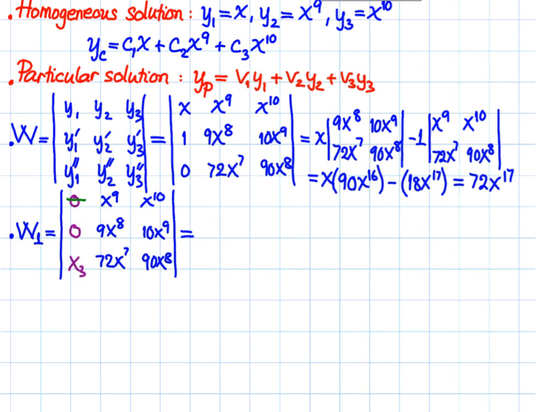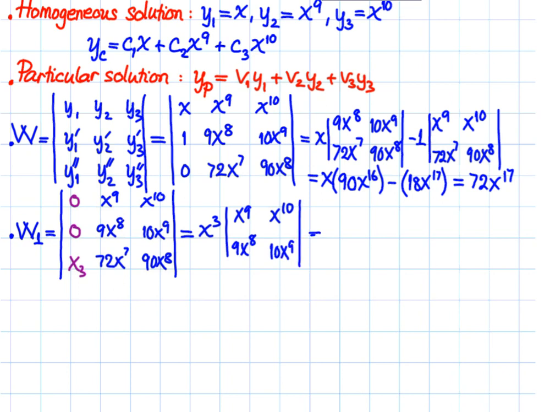And then just the 2 by 2 determinant. The subdeterminant will be x to the 9, x to the 10, 9x to the 8, 10x to the 9.